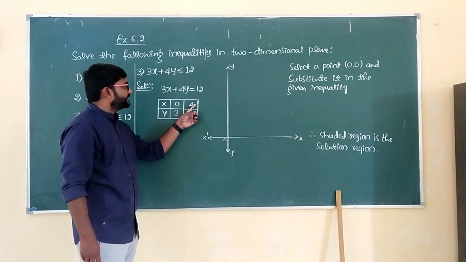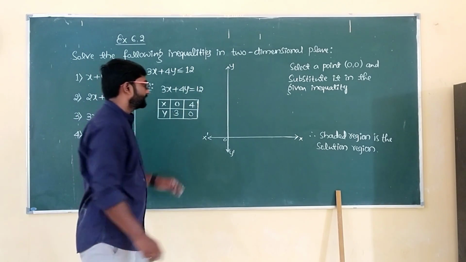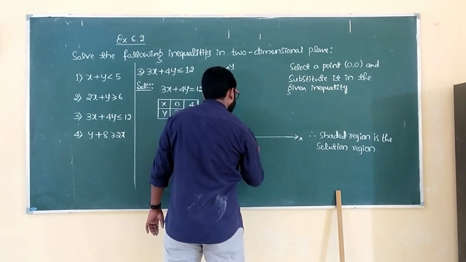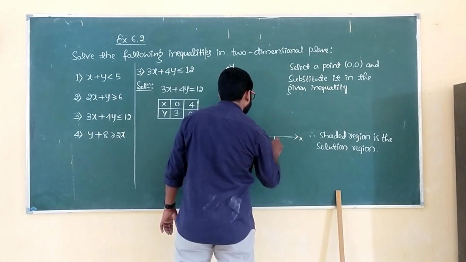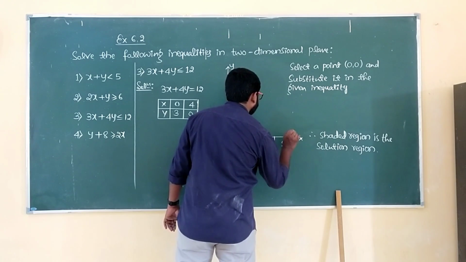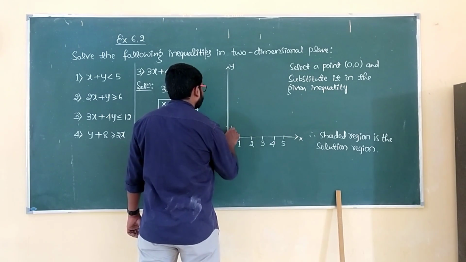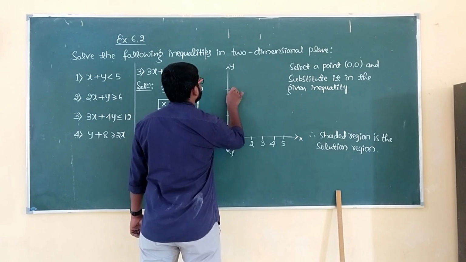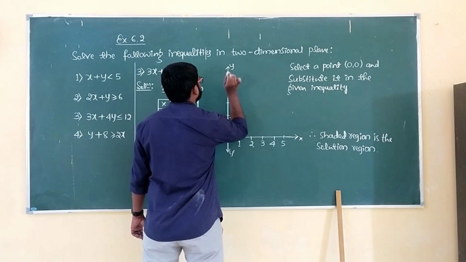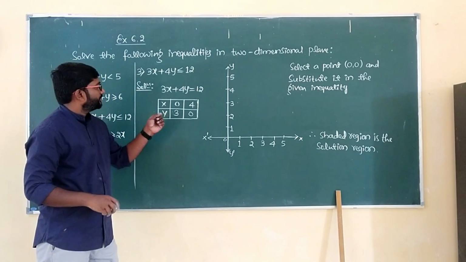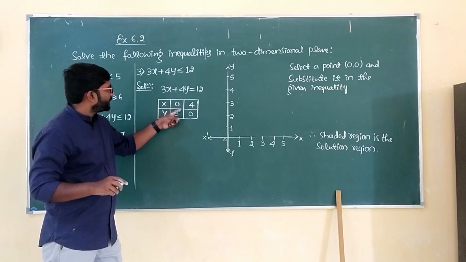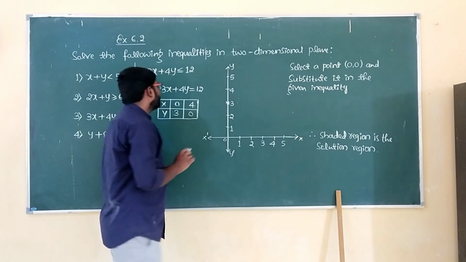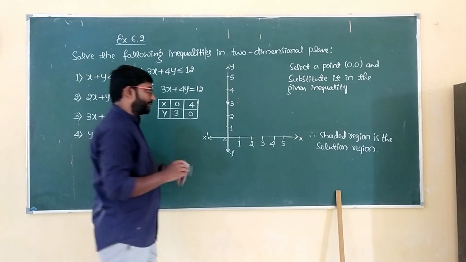And the maximum value of x it is 4 and the maximum value of y it is 3. Consider some points. 1, 2, 3, 4, 5. And then here on y axis 1, 2, 3, 4, 5. So now let us plot the graph. First point it is 0, 3, x 0, y 3. It is this point.